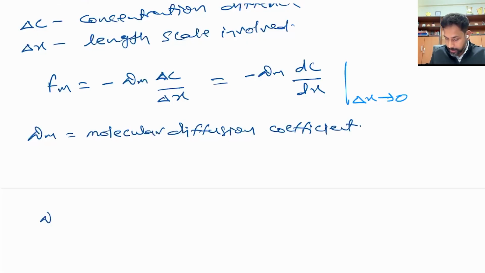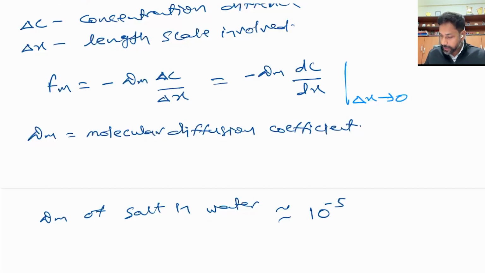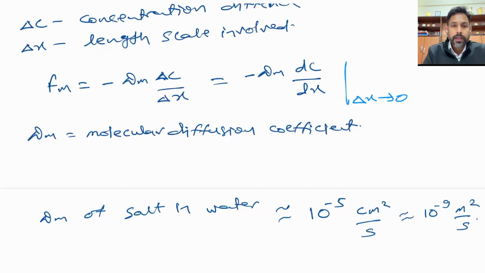So for instance, Dm of salt in water is roughly equal to 10 to the power minus 5 centimeter square per second, which is almost equal to 10 to the power minus 9 meter square per second. Okay, so this is the molecular diffusion coefficient of salt in water.